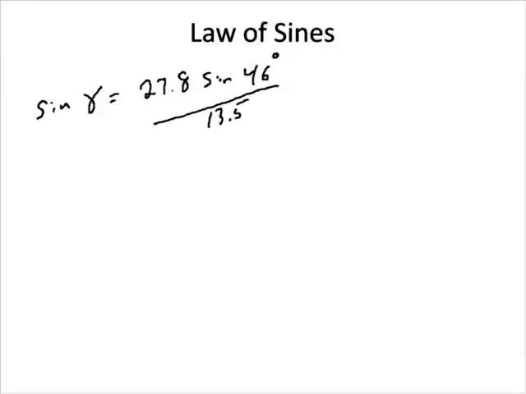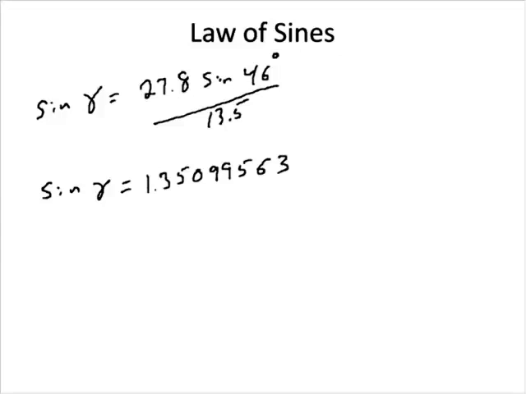When you pop all of that into your calculator, you're going to get sine of gamma is equal to, well, about 1.350999563, somewhere in that range. If you're not getting that, check your calculator and make sure it's in degree mode.